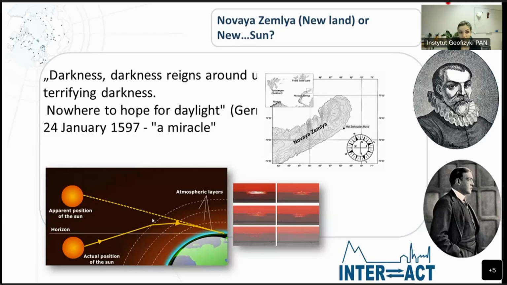But still, nothing proven, nothing set in stone. It was not until 1956, after another observation of the effect, that it was proven, after almost 400 years, to be an actual physical phenomenon.